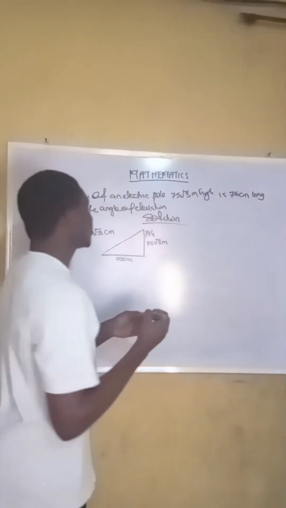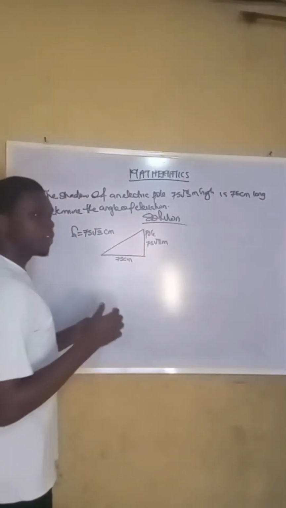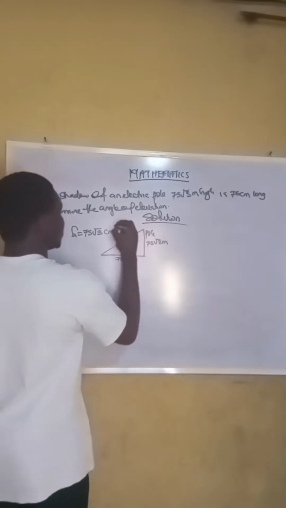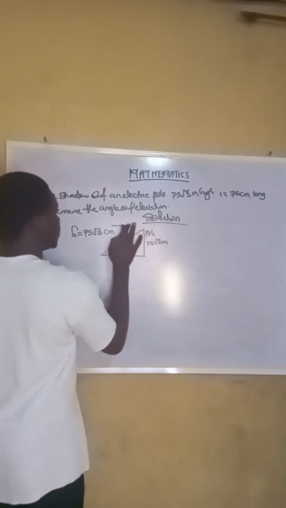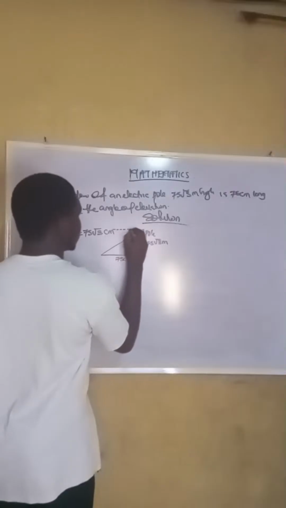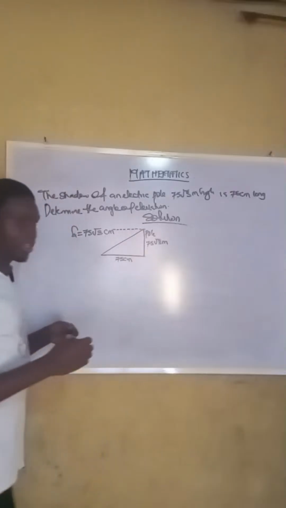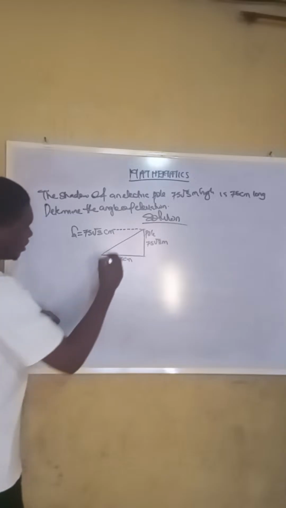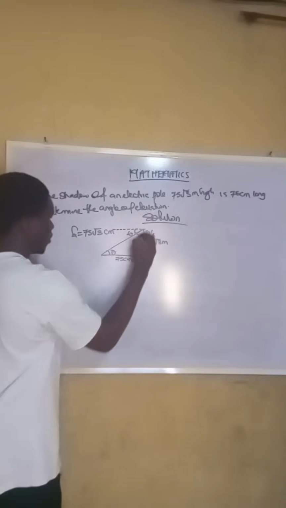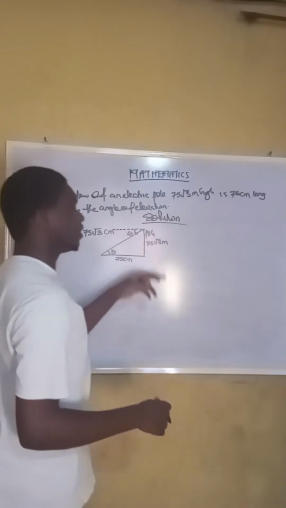Now we are asked to calculate the angle of elevation. Of course, the angle of elevation is alternate to the angle of depression. That's to say, the angle of elevation here will be like this. Yes, this is the angle of elevation.